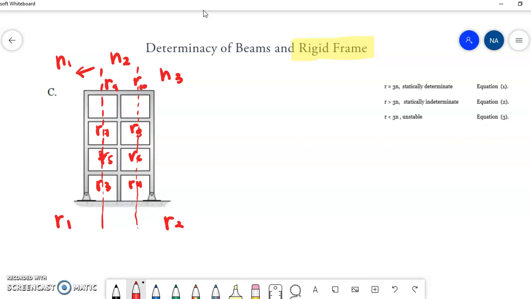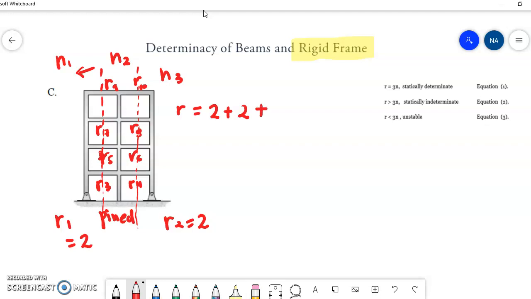This is the pin and pin. So both will have a pin support, which is R1 will have 2 reactions, R2 will have 2 reactions. So let's count the total number of R. So R is 2 times 2 coming from the supports.